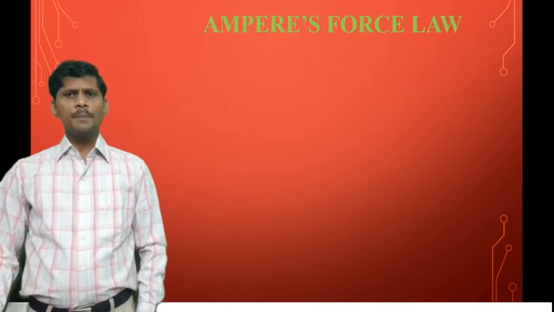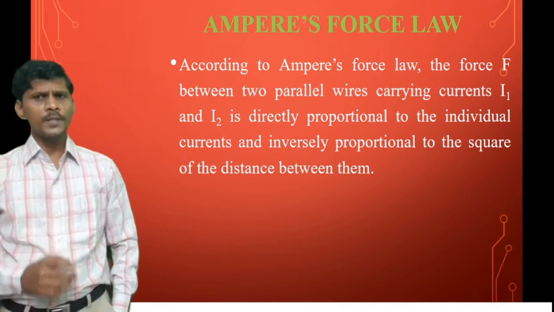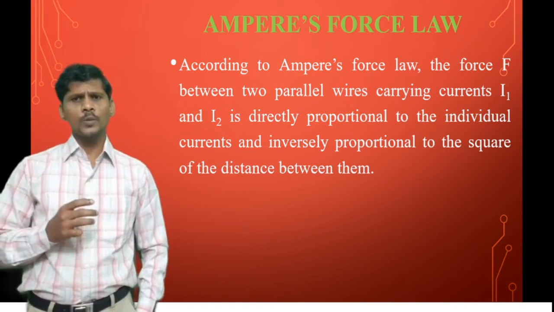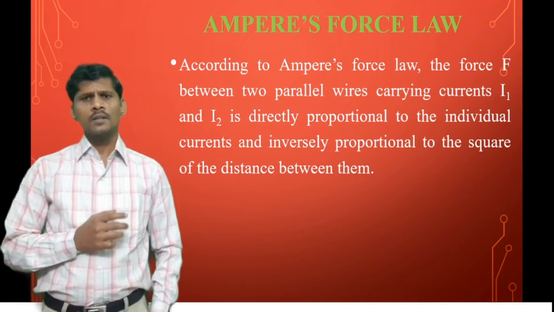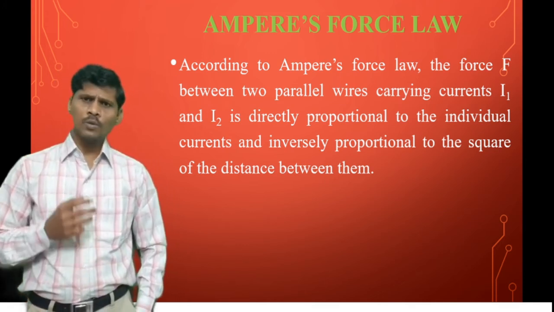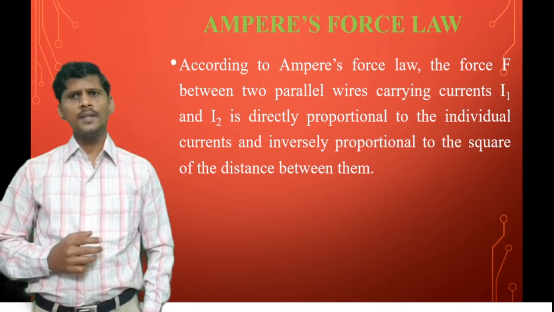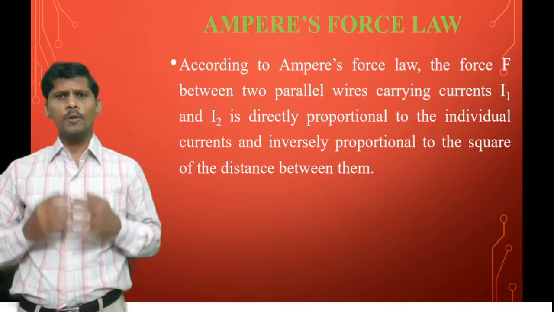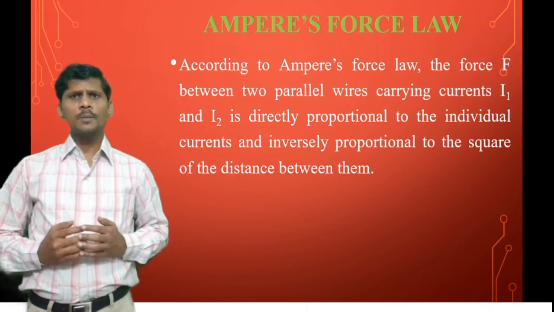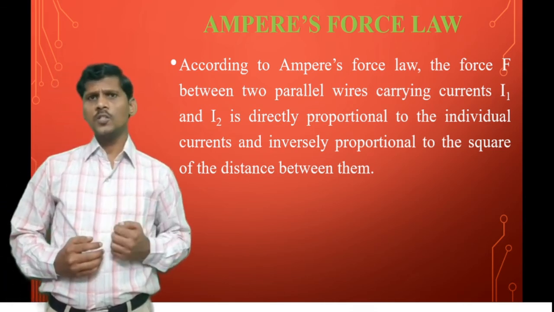Next is Ampere's force law. According to Ampere's force law, the force F bar between two parallel wires carrying currents I1 and I2 is directly proportional to the individual currents and inversely proportional to the square of the distance between them.